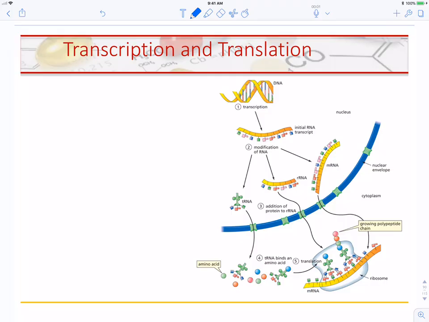So let's go through. First, we have transcription of DNA to messenger RNA, and then the initial RNA transcript makes either a messenger RNA proper, ribosomal RNA, or tRNA. At this point, there's addition of proteins to RNA, and so we form more evolved machinery, which is the ribosome, a complex of proteins and RNA.